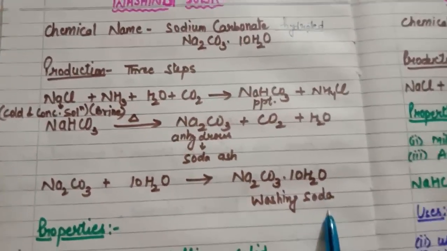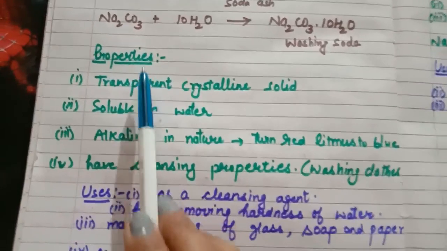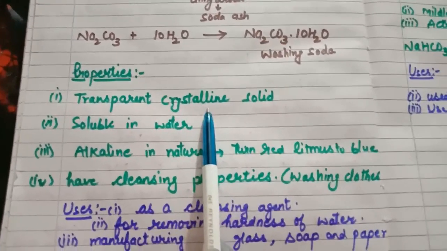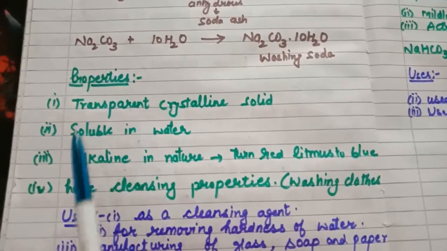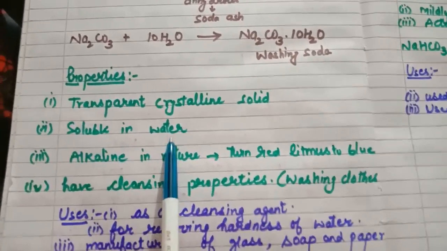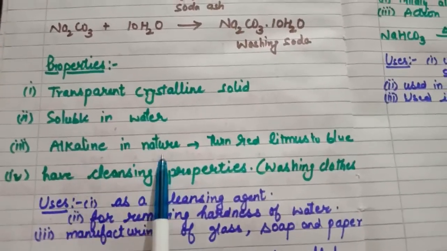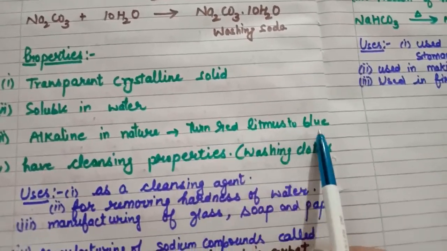Next are its properties. Properties of washing soda: it is a transparent crystalline solid, formed in the form of transparent crystals. Second, it is soluble in water. Third, it is alkaline in nature. Alkaline means basic, so it will turn red litmus to blue.